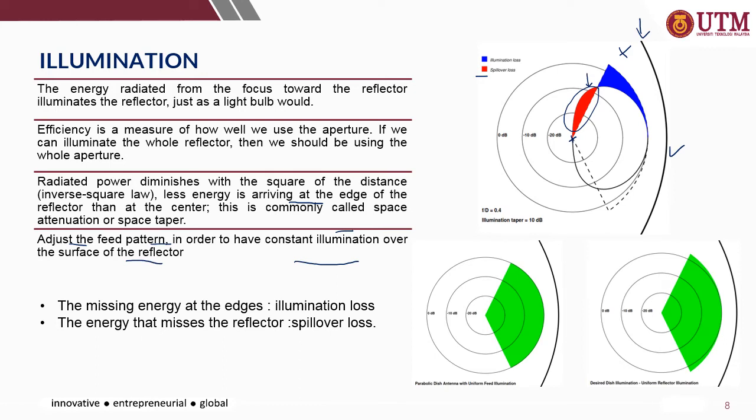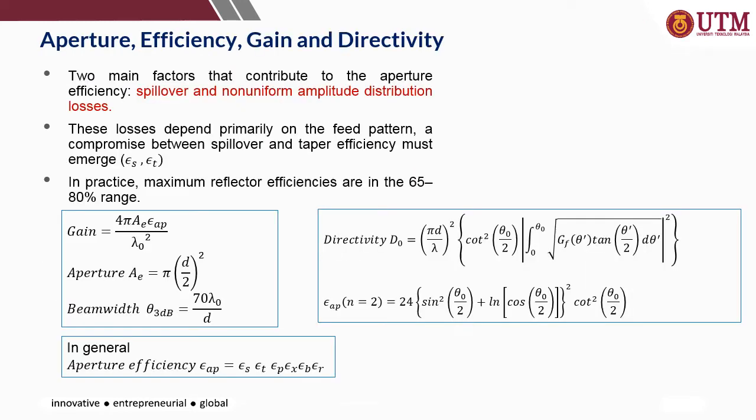Right, this is how it looks when it has a uniform feed illumination and also uniform reflector illumination. Okay, next we are going to look at the important parameters to evaluate the performance of the parabolic reflector antenna. The two main factors that contribute to the aperture efficiency are the spillover and the non-uniform amplitude distribution losses, or illumination losses.